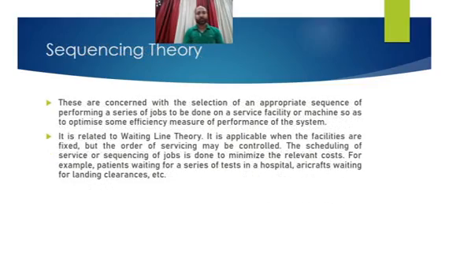Next one is sequencing theory. Sequencing theory is used in the case of jobs and machines, when the work is to be performed in a sequence. Sequencing is related with selection of things in a proper manner. Sequencing theory is also called waiting line theory.